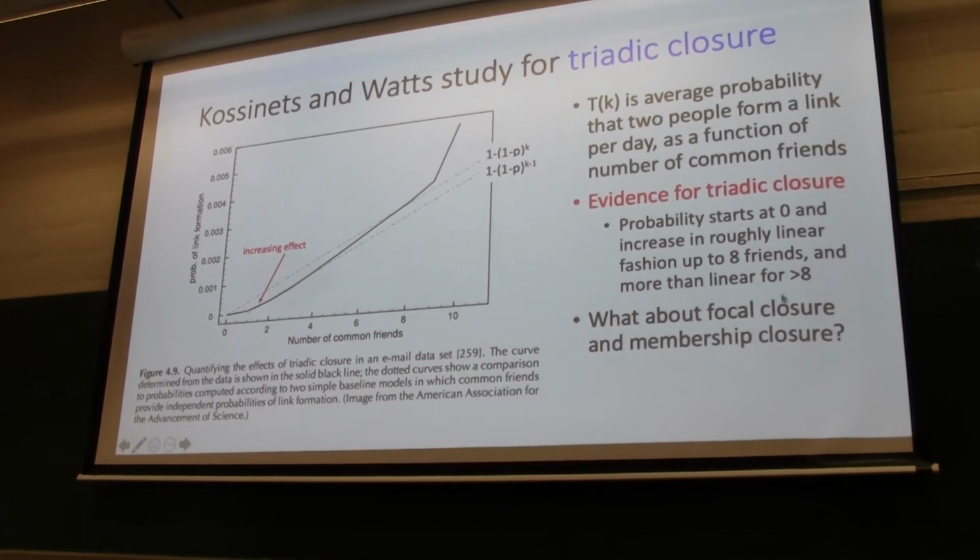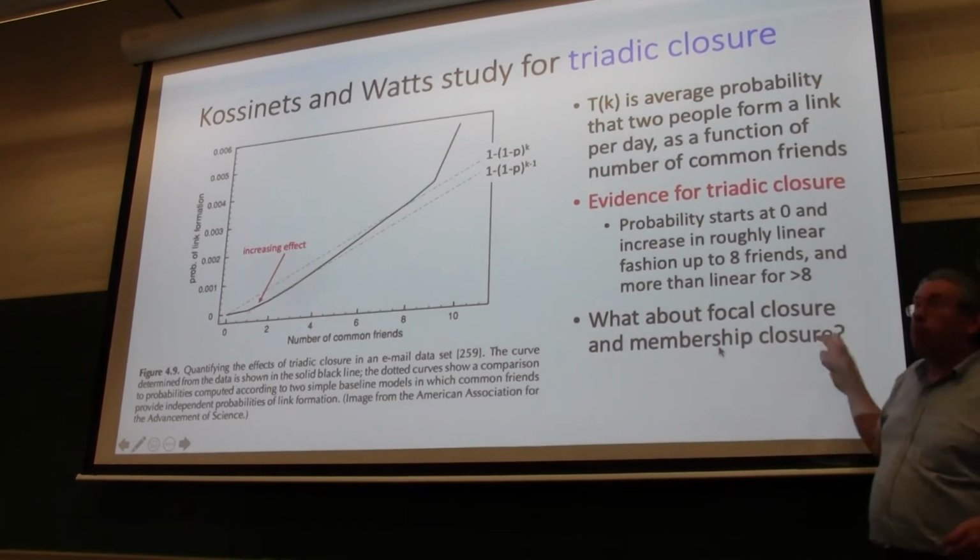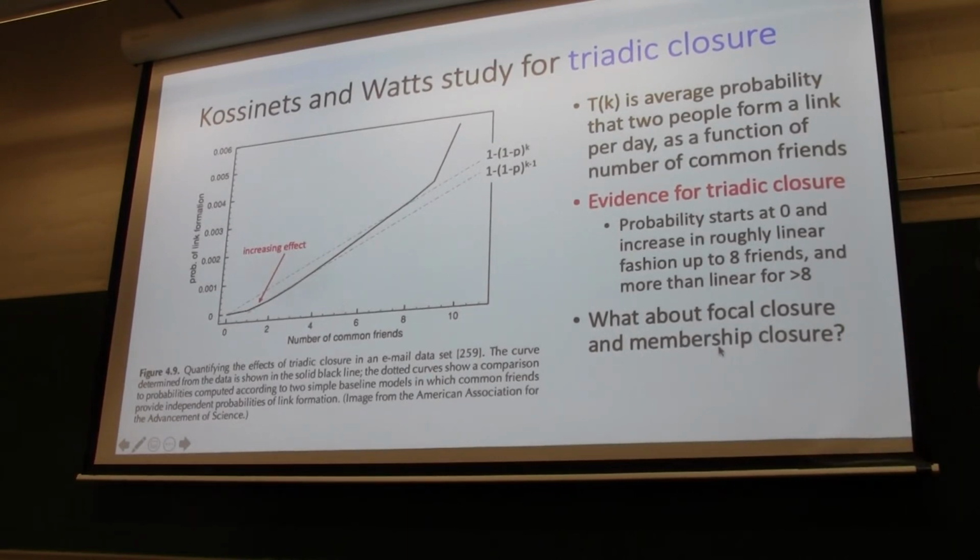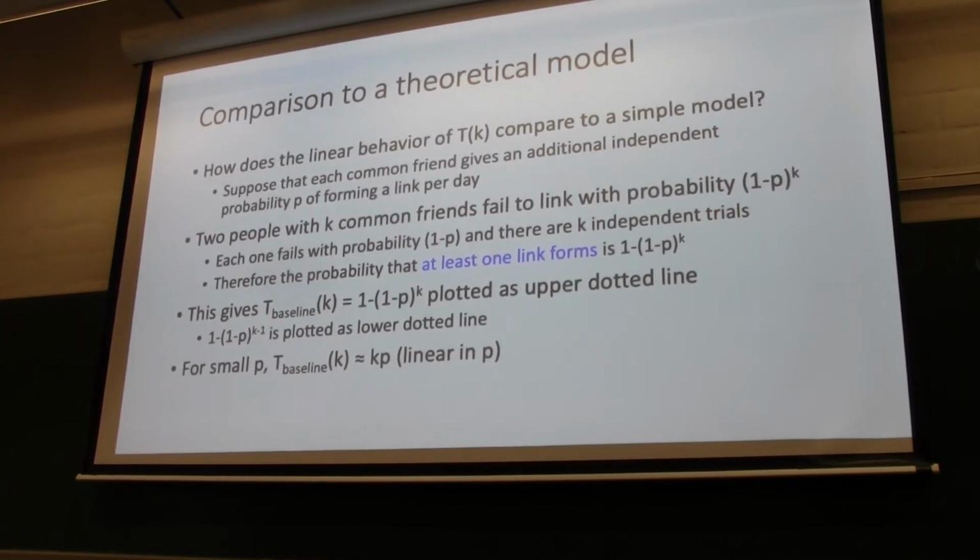Now, you can also look at focal closure and membership closure. Remember, there are 3 kinds of closure, huh? But first, we talk about triadic, so this is friends of friends. We can make a theoretical model now. It's really interesting to try to explain why. So let's make a simple model.